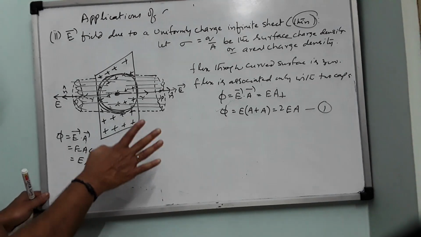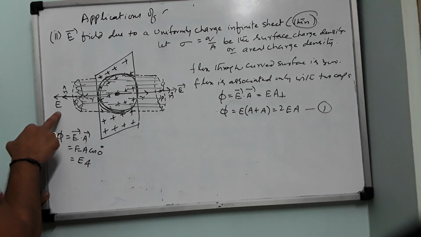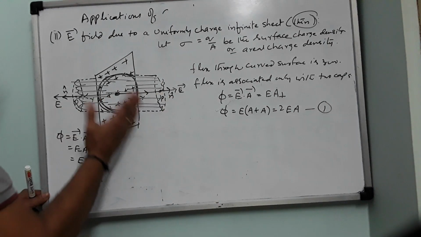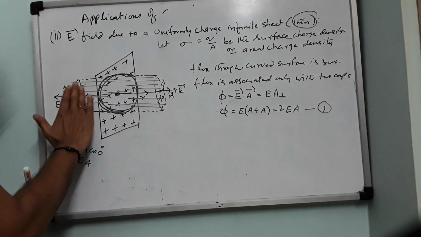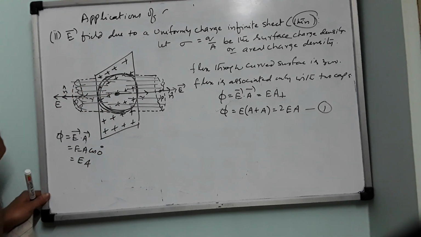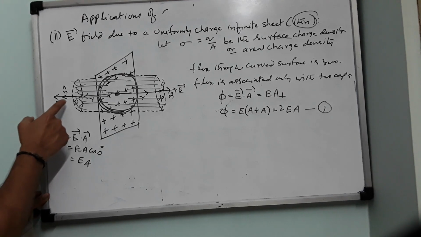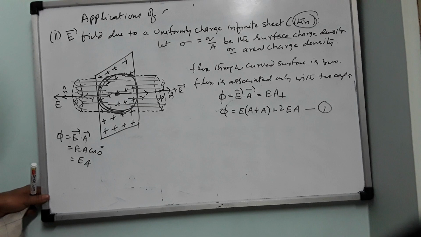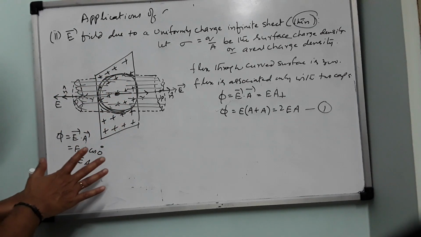Fortunately, what is happening is that the area vector, that is n cap, and the E vector are both pointing in this direction and in this direction. If this were a thick sheet with a negative charge on the back side, then the electric field would be towards it, the normal would be outwards, and this will become minus EA, this will become plus EA, and the flux will be 0. But in this case, it will not be like that.